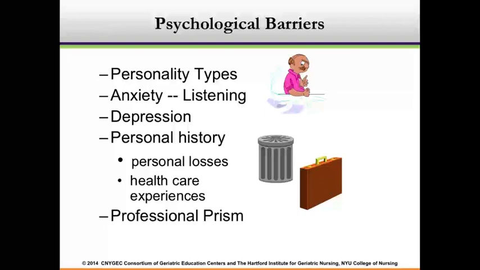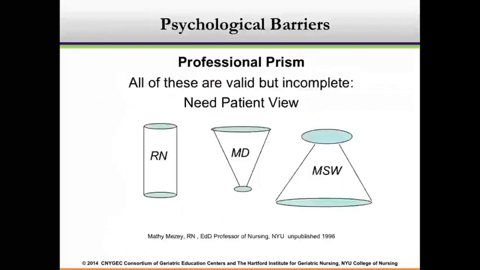However, what we need to recognize is it's not the whole perspective. Unless we have the perspective of the patient, and unless we have a multidisciplinary perspective, because older adults are so complicated, you're not going to get the whole story. So you can start with your view, but it shouldn't be the only view that you think about.